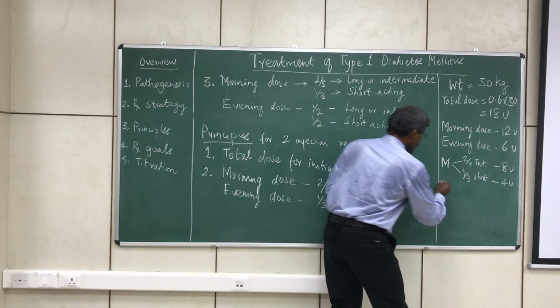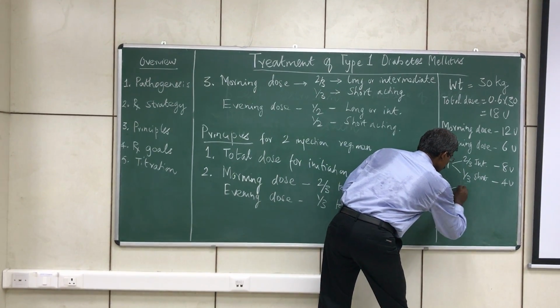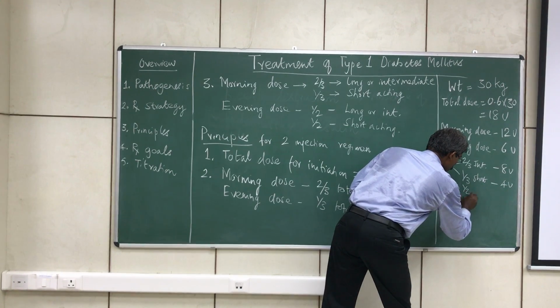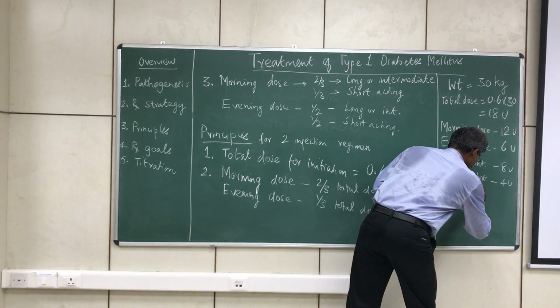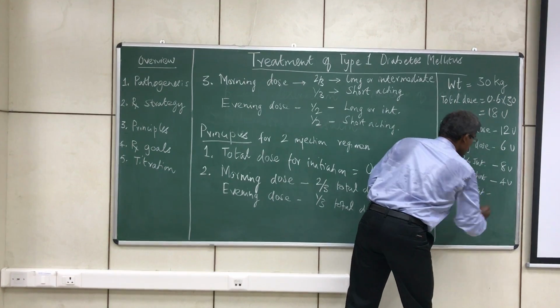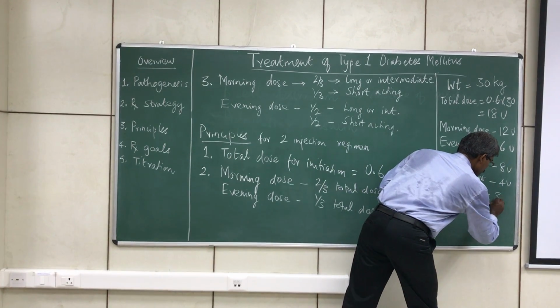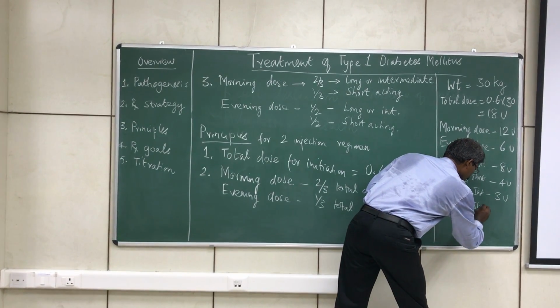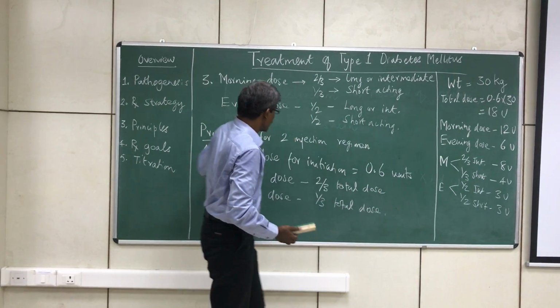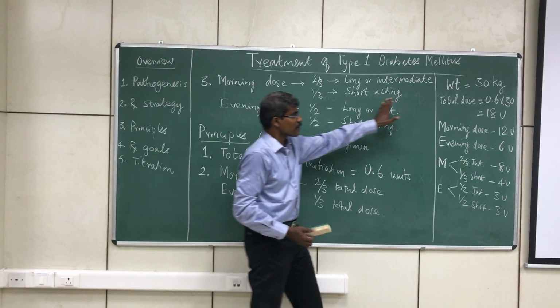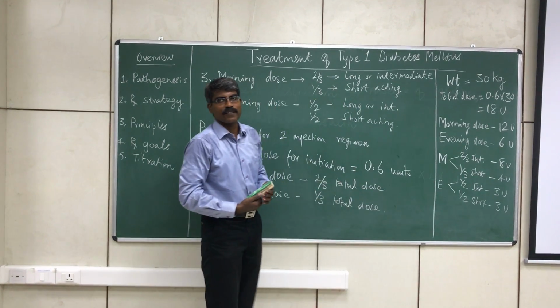Now the evening dose is half short acting and half intermediate or long acting, so this becomes 3 units, and the short acting becomes again 3 units. So are we clear? These are the principles and how they are applied in a real life situation.